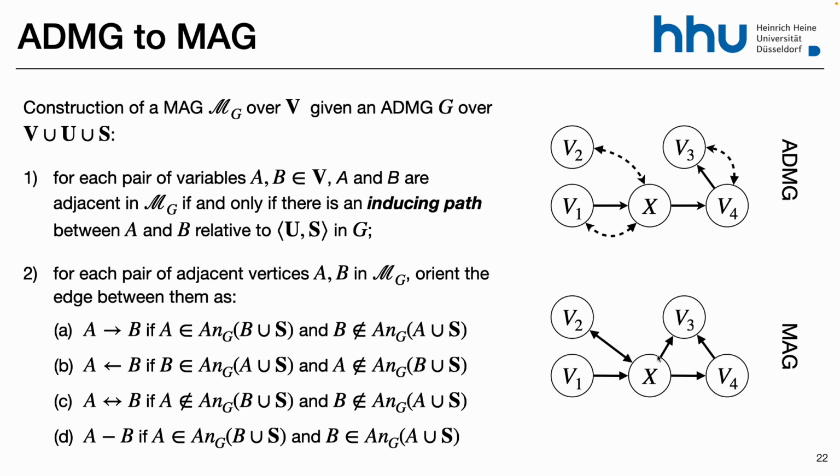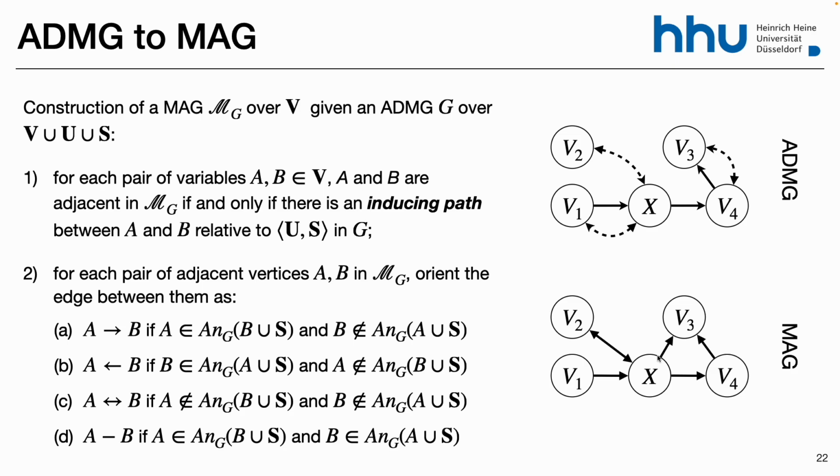Everything else, you don't need to care anymore about the bidirected edges. So we moved from a space where we had bidirected edges, even possibly two edges between two variables, to a graph where we account for the existence of unmeasured confounders, because we are talking about these inducing paths, so connections, even considering unmeasured confounders.